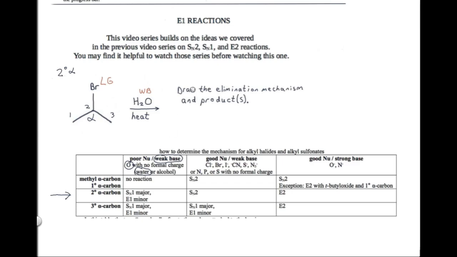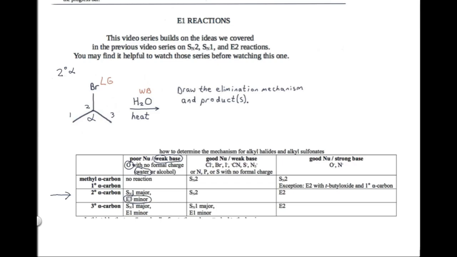So which mechanism should we draw for this problem? Well, remember the problem said draw the elimination mechanism. So that clue tells us that in this case we should draw the E1 mechanism, even though it's the minor mechanism.